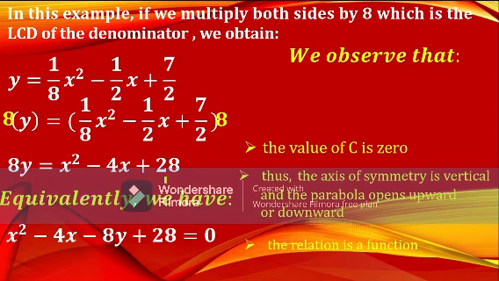So, if the value of C is 0, then the axis of symmetry is vertical and the parabola opens upward or downward. We don't know yet if it opens upward or downward, but we're already very certain that the axis of symmetry is vertical because the value of C, which is supposed to be cy squared, is 0.